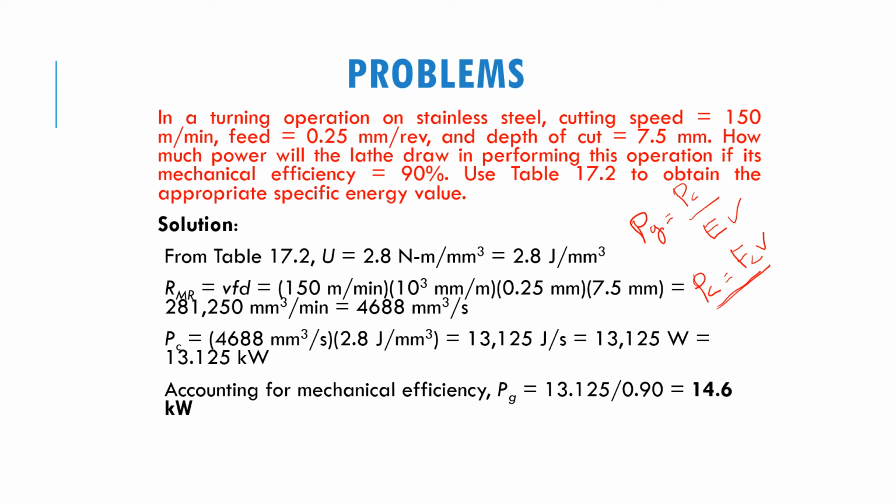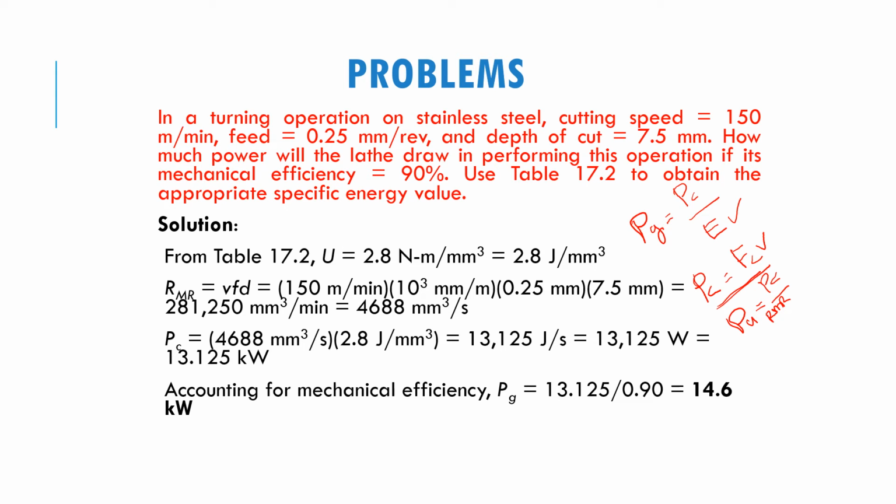the PC. Here they already said to use table 17.2 to obtain the appropriate specific energy value. So meaning that you can calculate PC by using PU equal to PC over RMR. Remember?